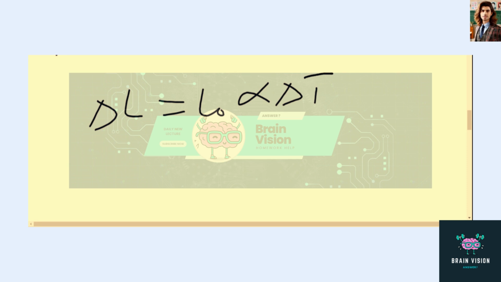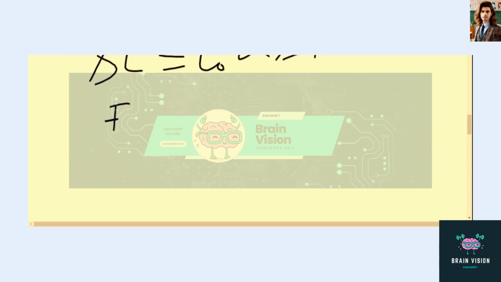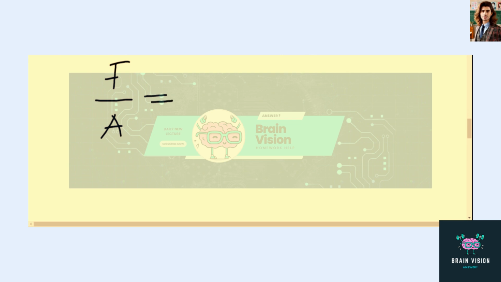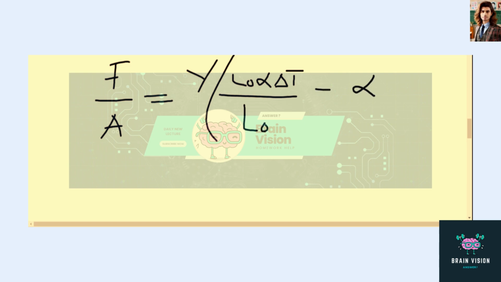All right, good. We can then say that F over A is equal to Y into bracket delta L over L naught, minus the coefficient times this.